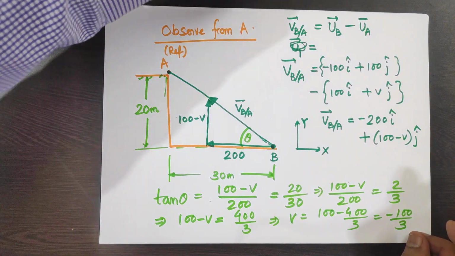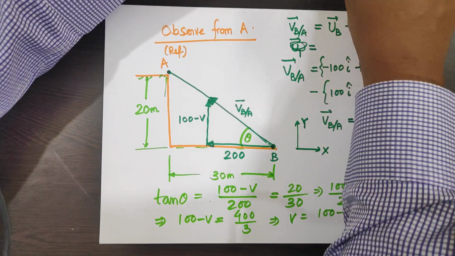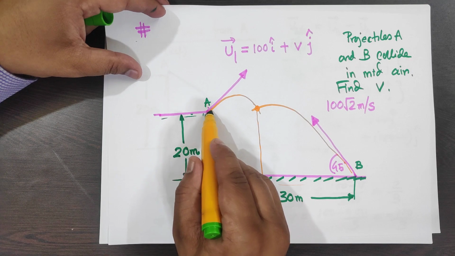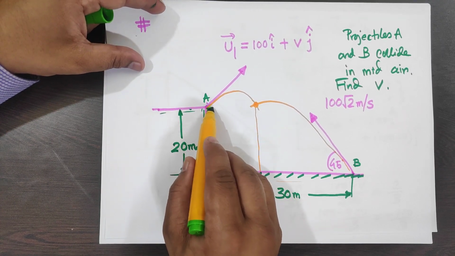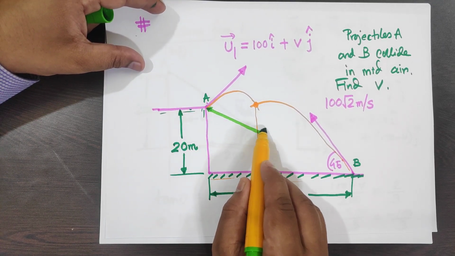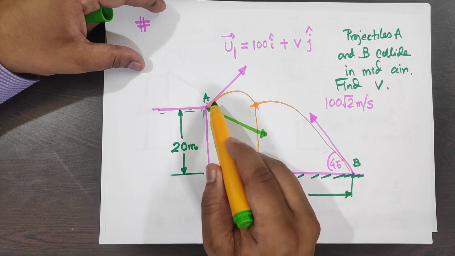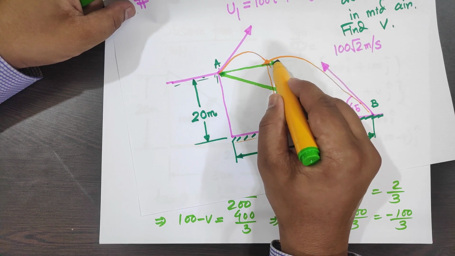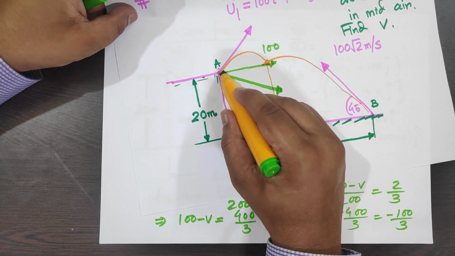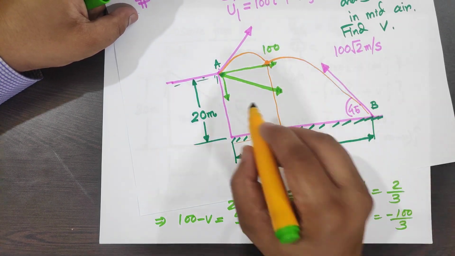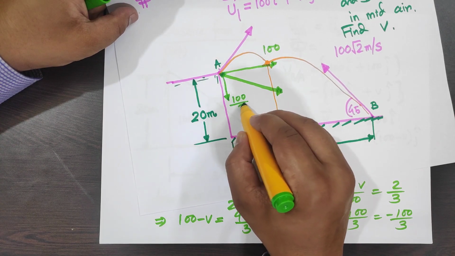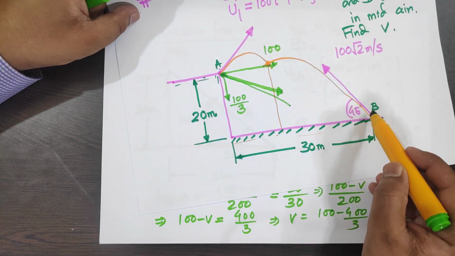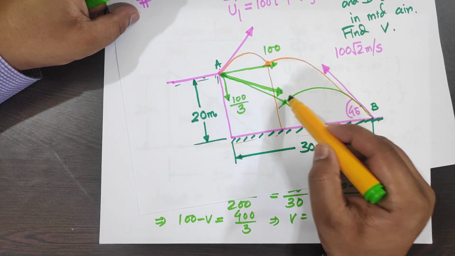That means, although it is shown thrown upwards, for this collision to happen, it should be thrown in a direction like this, so that this horizontal component is 100, and this component is 100 by 3 downwards. Then only this collision will happen.